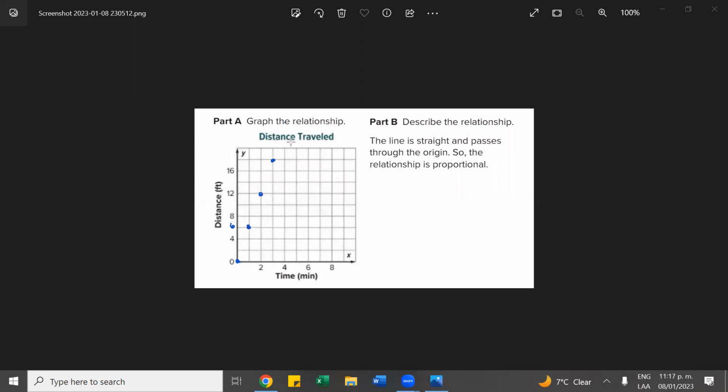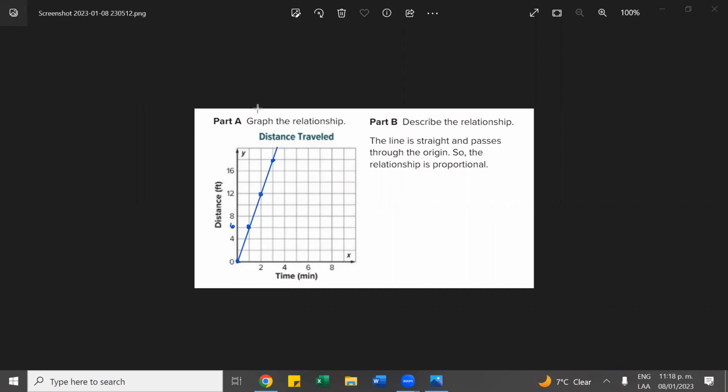Now we draw the line. We start from the origin and we draw the line that goes through every single point that we graphed. We have a straight line, and the line begins at the origin. The origin is right here, 0, 0.